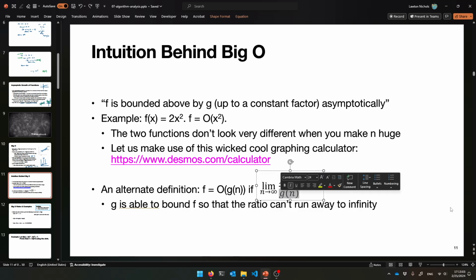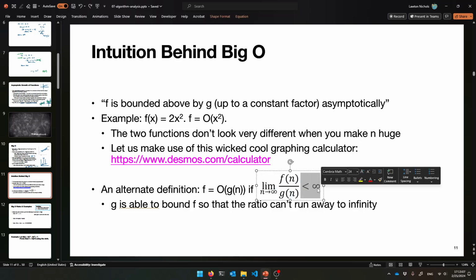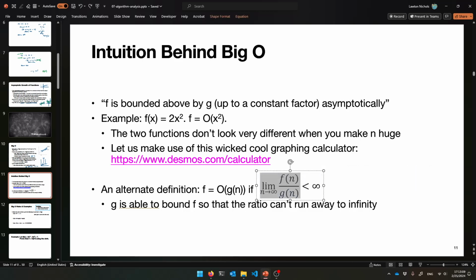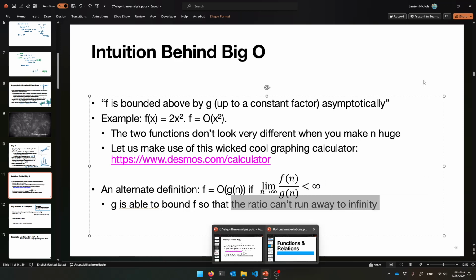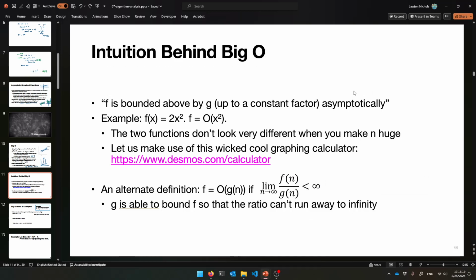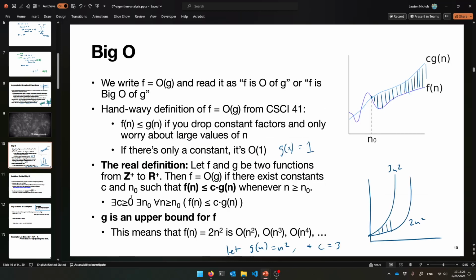You divide by the bigger one, the one that's supposed to be the upper bound, and this better be less than infinity. It better be finite, because that means g is not letting f get too large. It's making sure that it's bounded. It's not running away to infinity. So that's another definition of big O, and that might be better intuition. But in general, we care about this being n squared rather than n cubed, because that's a tighter bound.